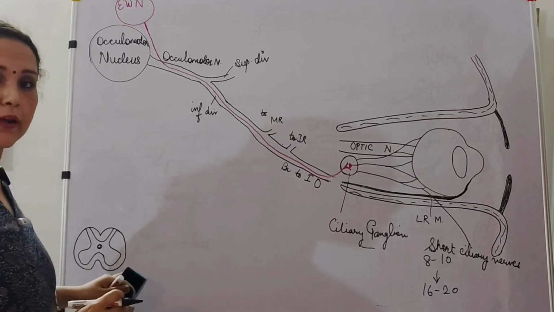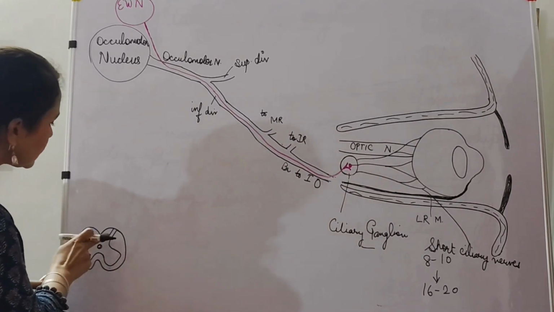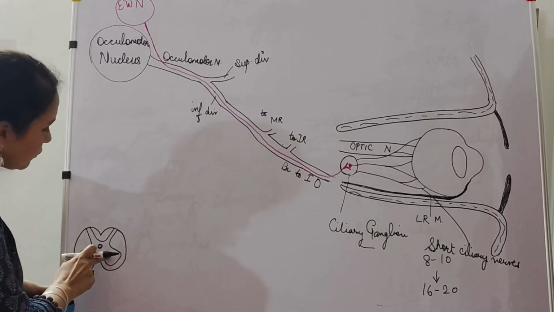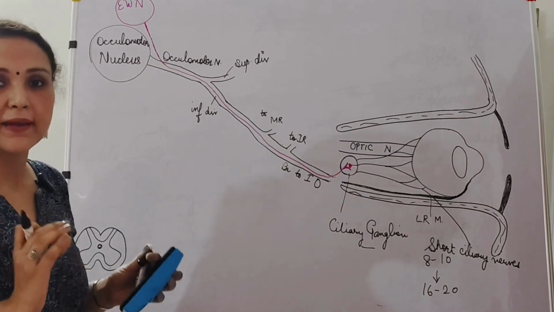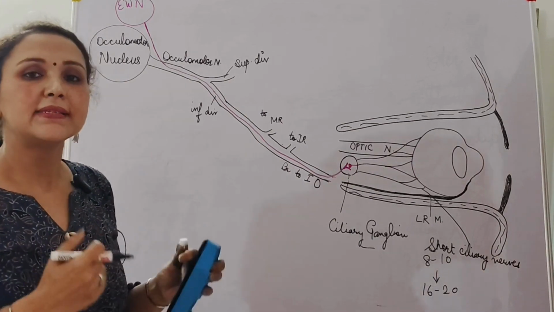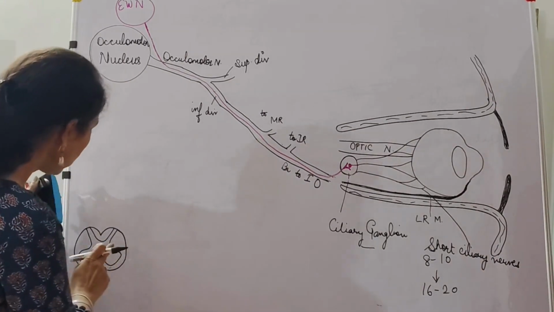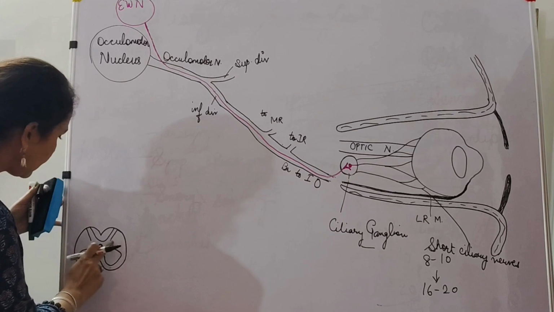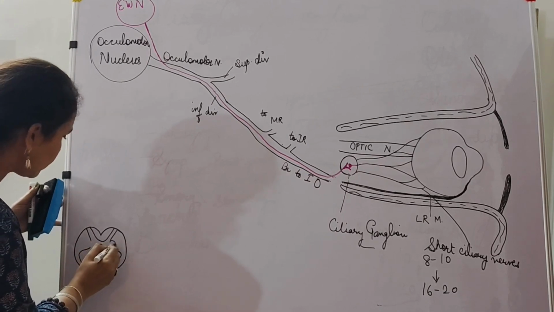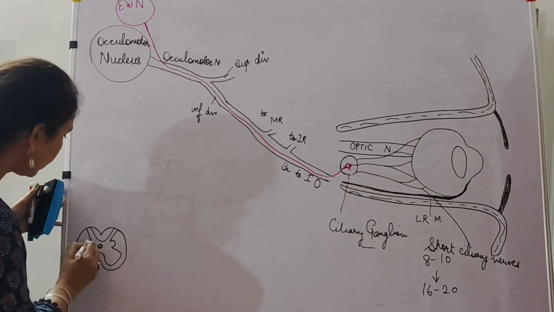Now all of you are aware of this transverse section. There is a dorsal grey horn, there is a ventral grey horn. Now in a few segments of the spinal cord, there is a lateral grey horn also. So we'll have to slightly modify this diagram and draw the lateral grey horn.